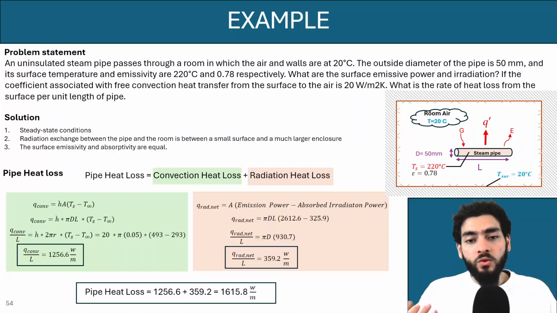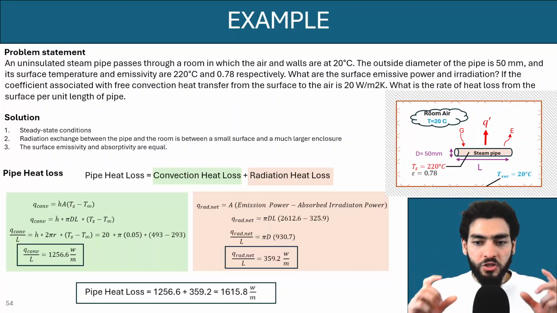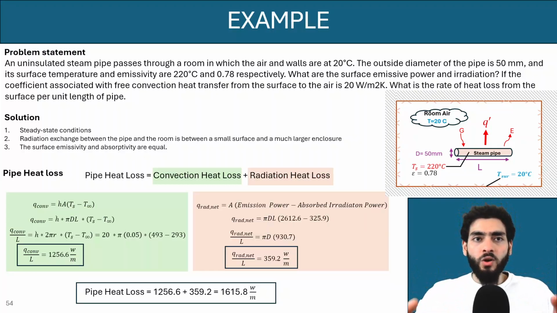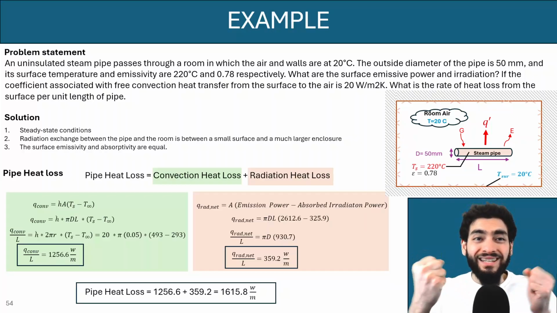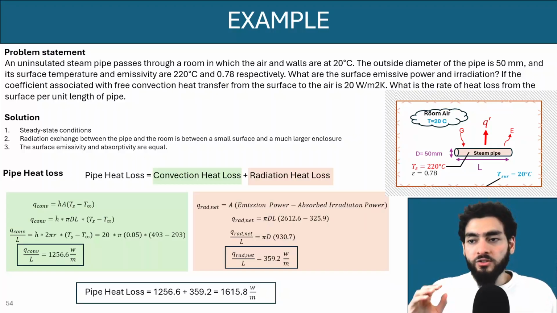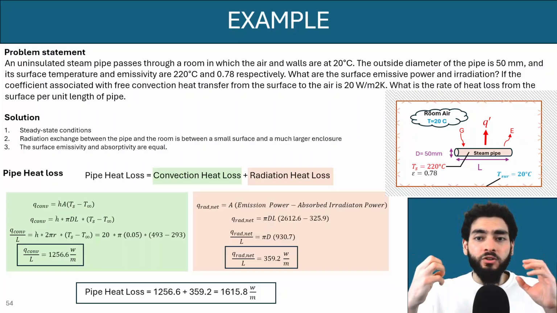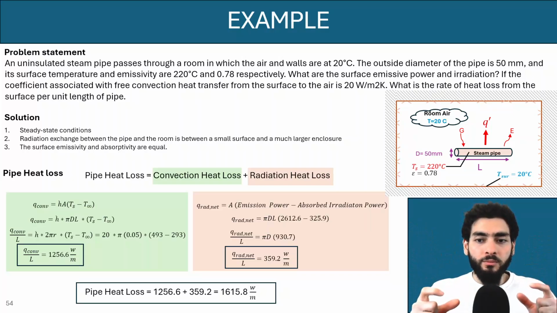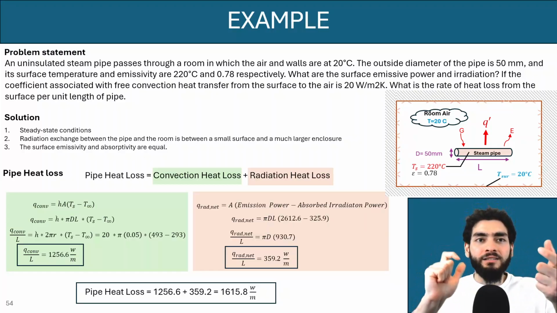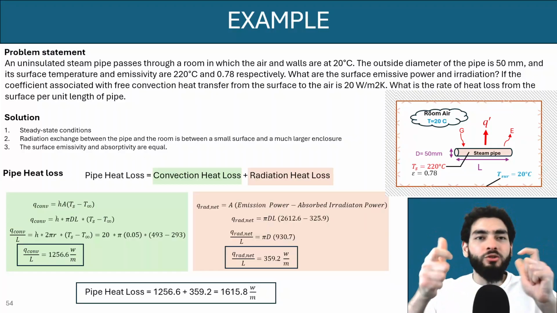And in order to say that statement, you need to qualify that by some kind of calculation that proves it. And so what I like about this example is it allows you to see the contribution of the different modes of heat transfer. I hope by this example, you're able to appreciate how you can have two modes of heat transfer in one problem statement, and you could analyze the different contribution of each.